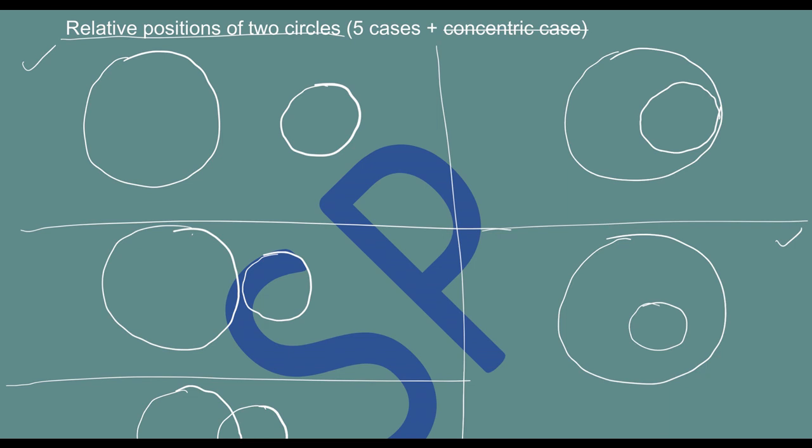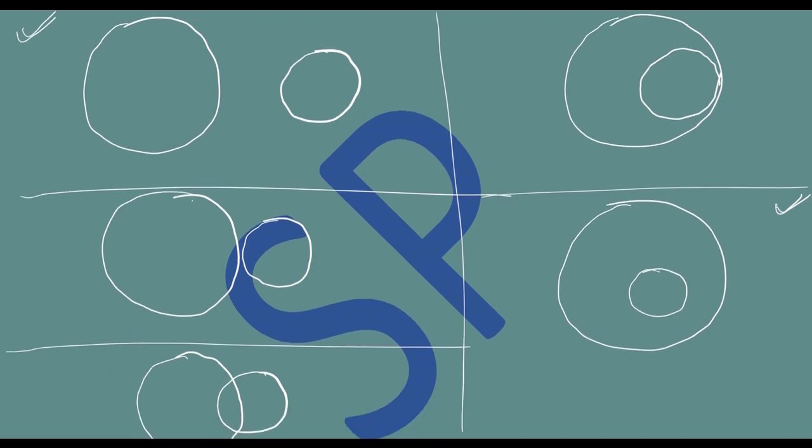But in the first one, one is outside the other, and in this case, I have one inside the other. Now here the circles are touching each other. In this diagram also the circles are touching each other.